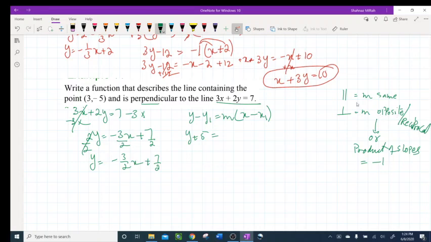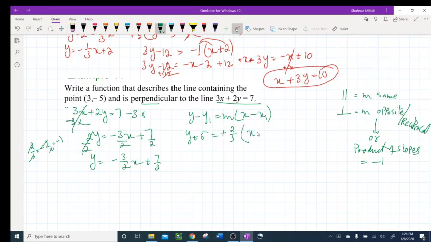Opposite means if it's negative, you turn it positive. Reciprocal, like 2/3. And if you multiply both of these slopes, 2/3 times -3/2, they cancel and you get -1. So you can use either one of these things.